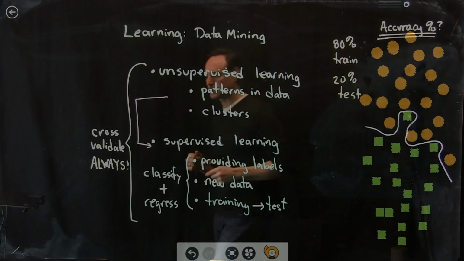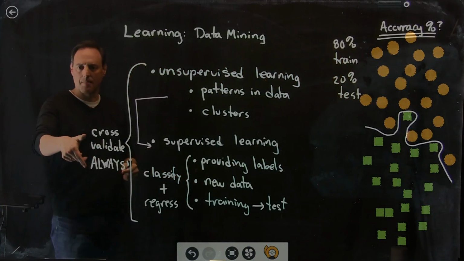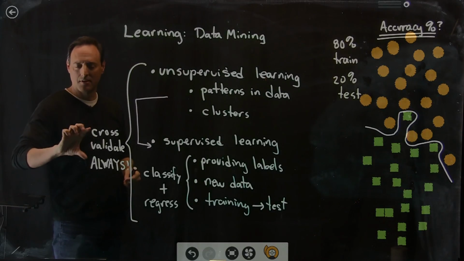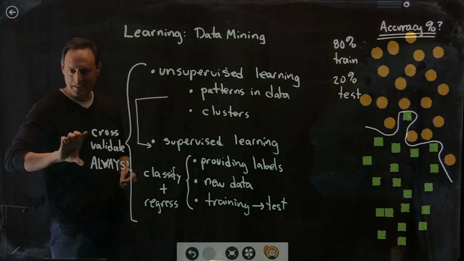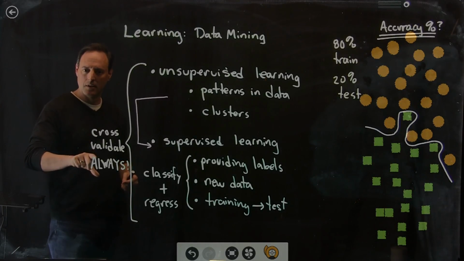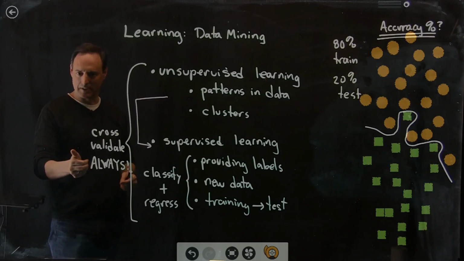Okay? So this cross-validation step is absolutely critical. Never present your results on data unless you've done this. Ever. Okay? It's really, really important. You're just being lazy if you don't do it, and nobody will believe you if you don't cross-validate anyway.